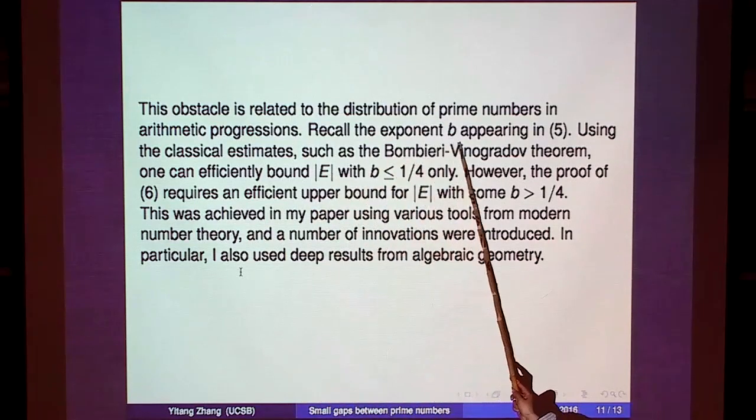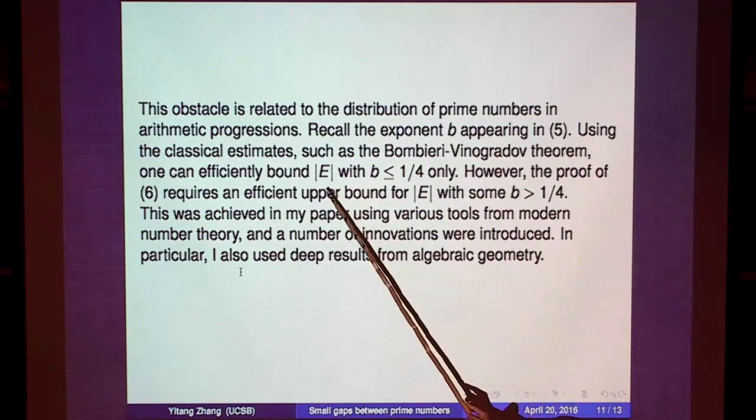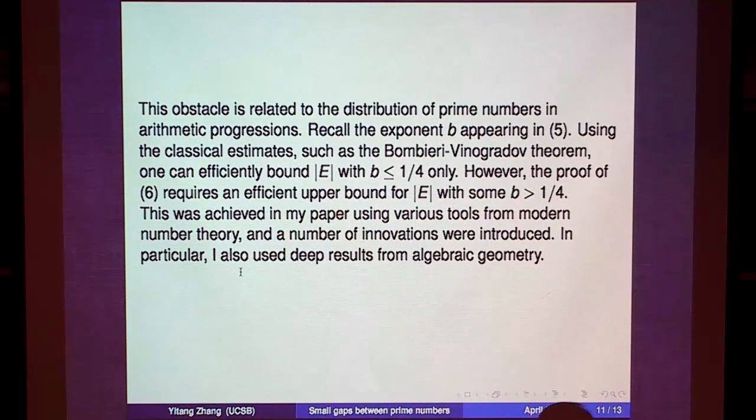Let's recall the exponent b appearing in 5. Using the classical estimate, that was the so-called Bombieri-Vinogradov theorem. That was a classical theorem in the distribution of prime numbers in arithmetic progressions. That was in 1965.